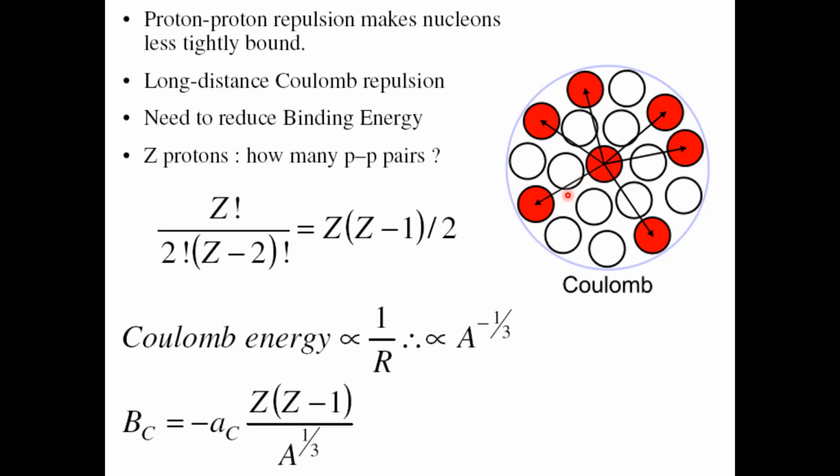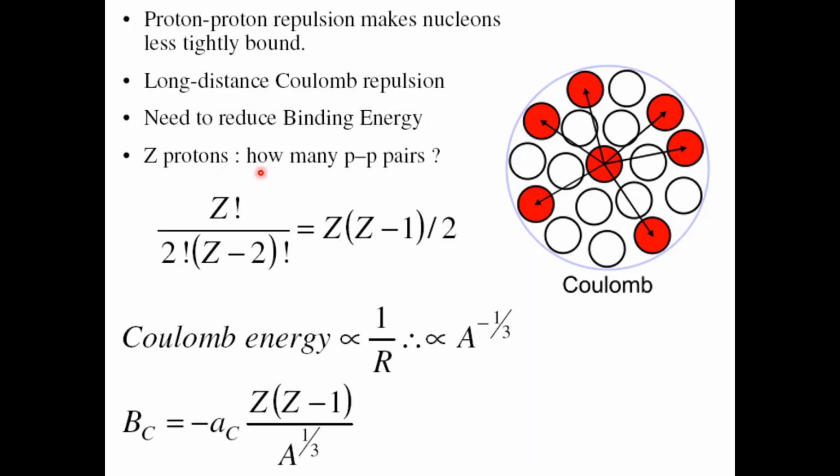Just like we discussed previously, we have pairs of protons. So we need to calculate how much the proton pairs contribute to binding energy. As we discussed, proton repulsions make nucleons less tightly bound. So let us assume that there are Z protons in a particular nucleus.